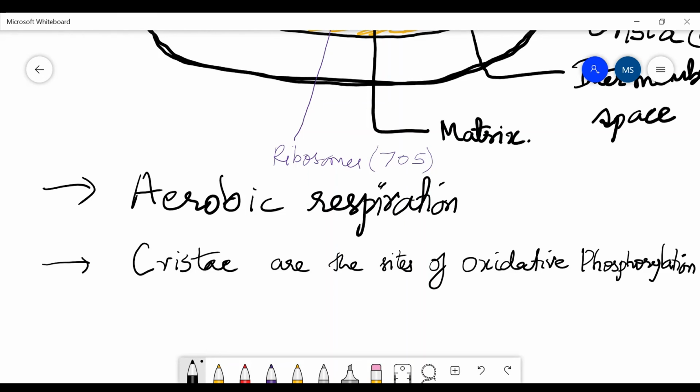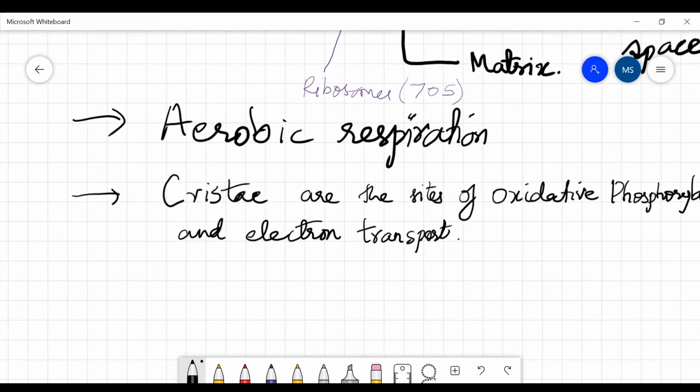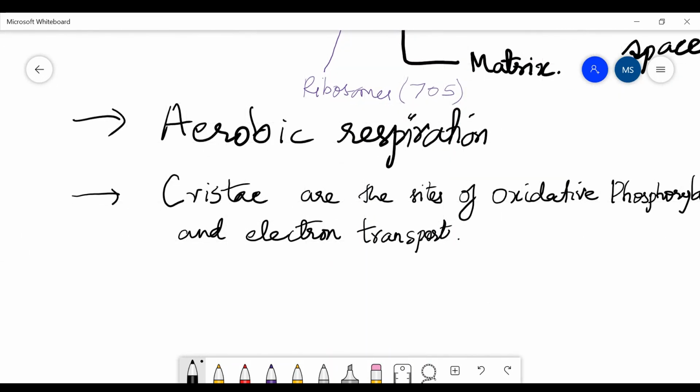Along with oxidative phosphorylation, these cristae also take part in electron transport. The matrix is the site of the Krebs cycle. In the matrix, the Krebs cycle takes place.